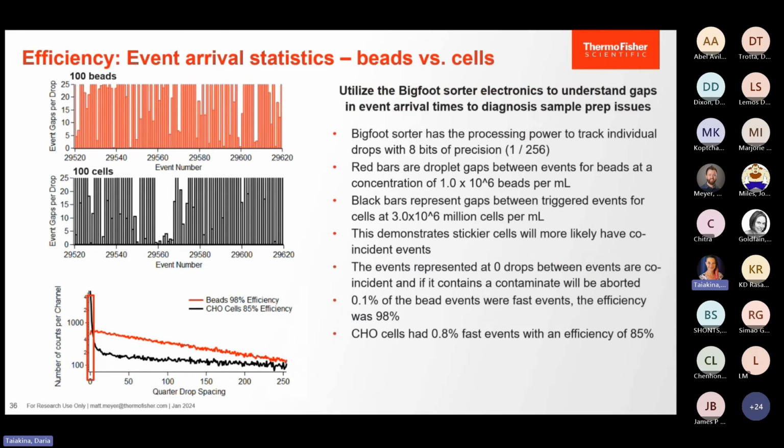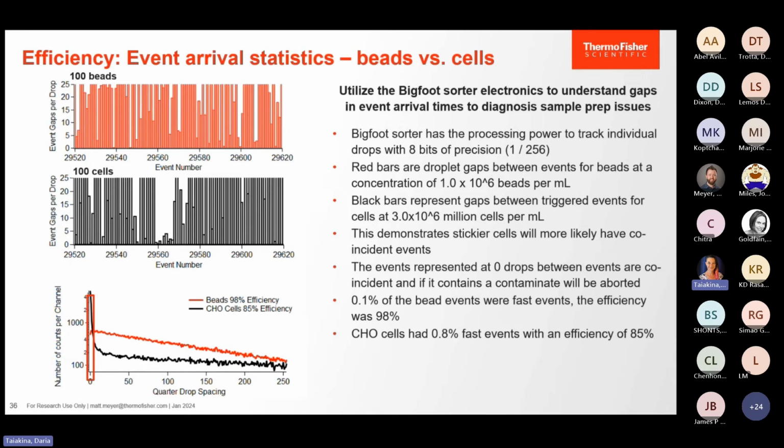We can actually look at event arrival statistics, and this is a newer area that we're looking into, because Bigfoot has the precision power to track individual drops with 8 bits of precision. So each drop can be broken up into 256 different individual slices. And so we can actually look at the event gaps per drop.